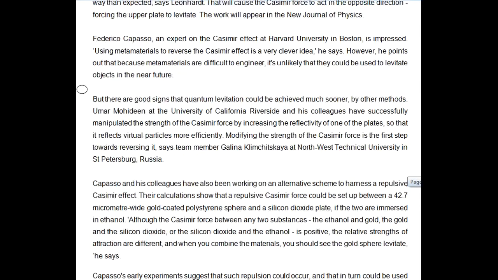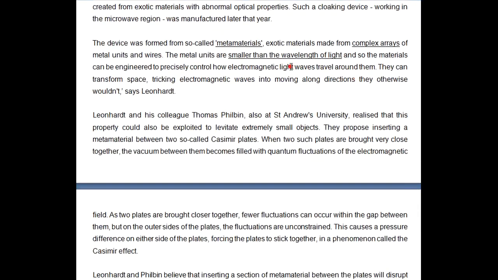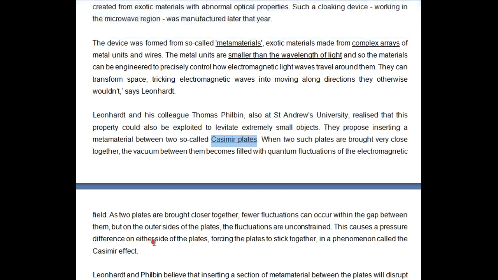Okay, so let's see. We have to find out Casimir. What was that? Casimir is something. It's not here, so I'll start reading from here and inserting Casimir. Something is here, so I have to read from here. This is something that has to take place, but we have to find Casimir effect.